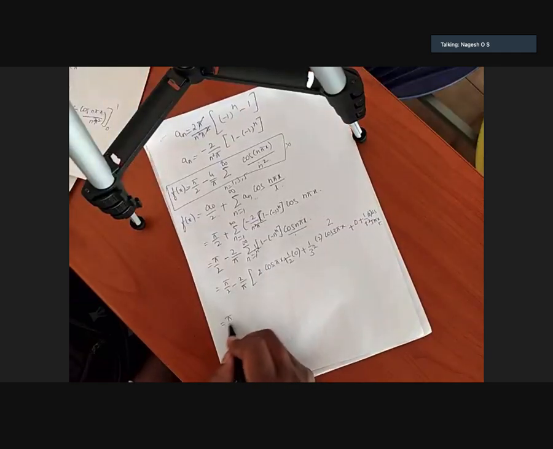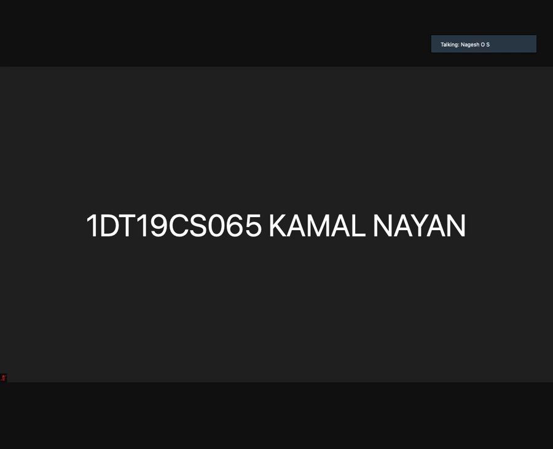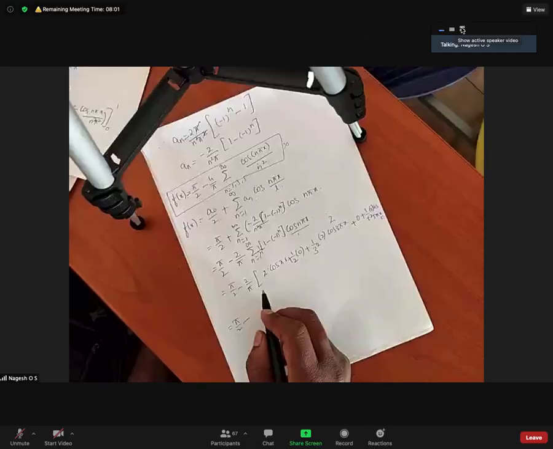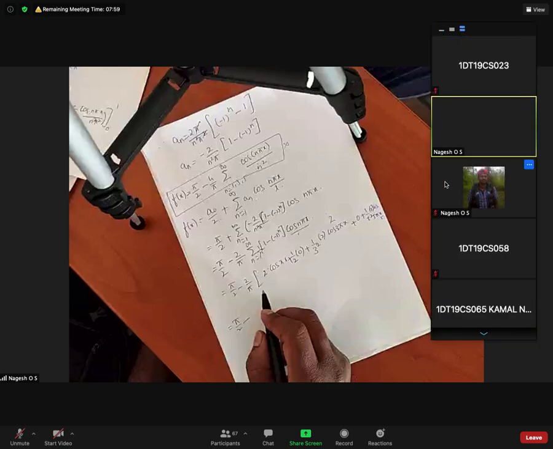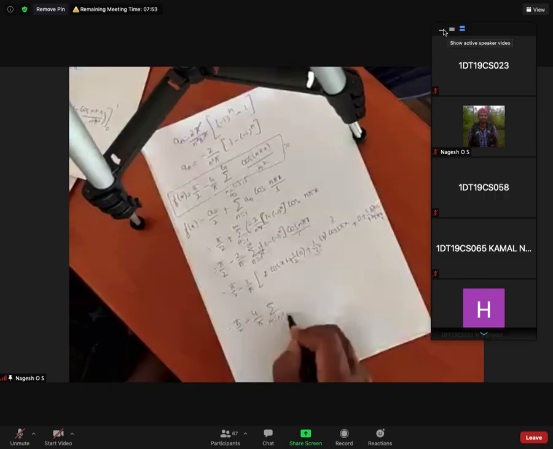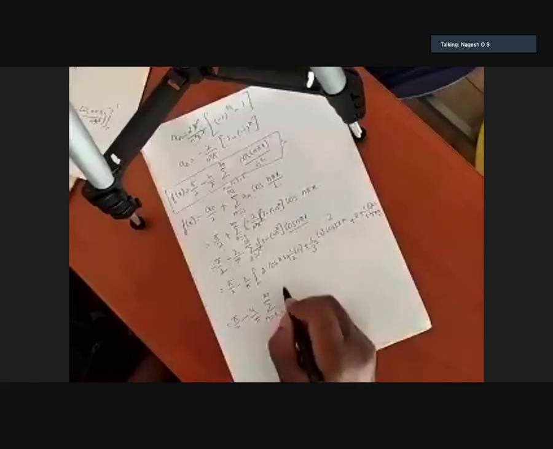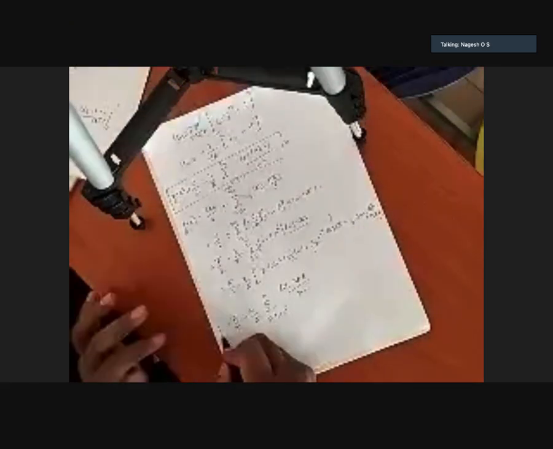So what we are getting in all these functions, 2 is common. So take common by pi, summation n equal to 1, 3, 5 to infinity, cos n pi x by n square.